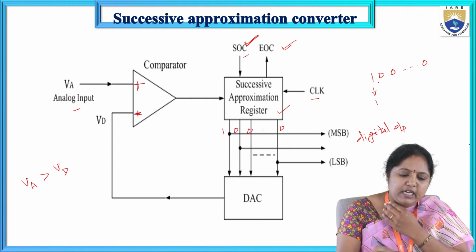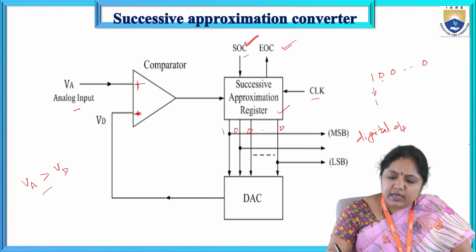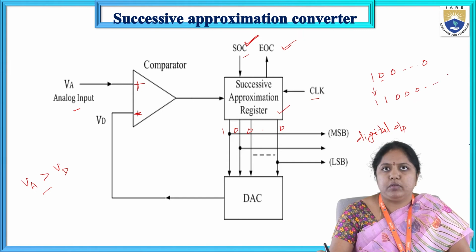When VA is greater than VD, the next highest bit value is made 1, and the remaining bits are all zeros.